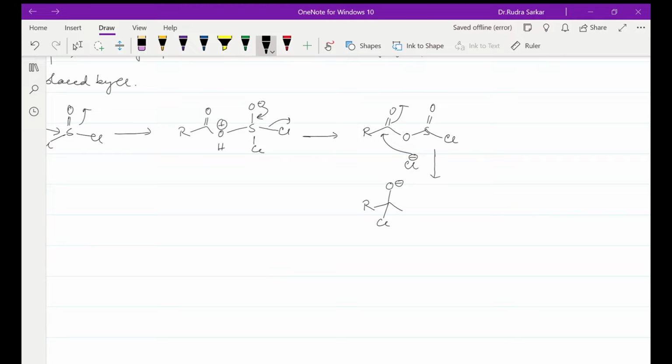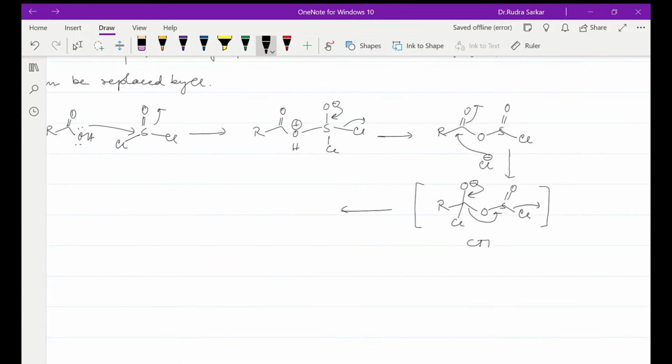Okay, which is our CTI. Okay, and now elimination will take place. Okay, and that gives you the acid chloride.